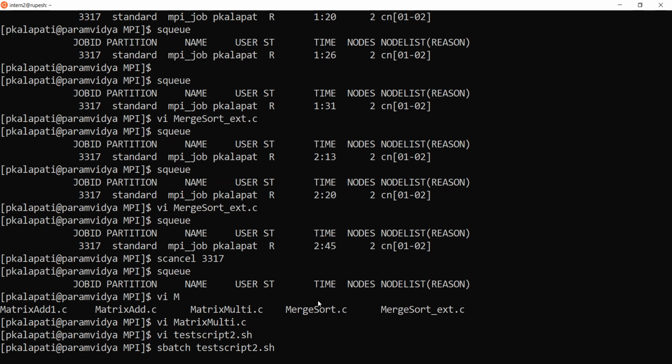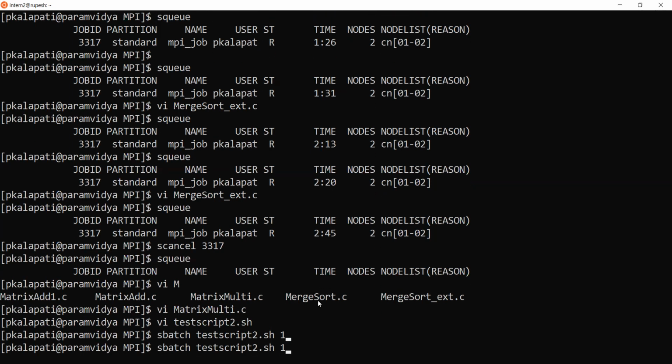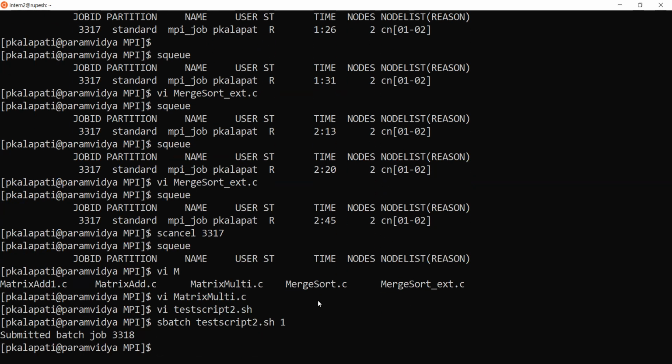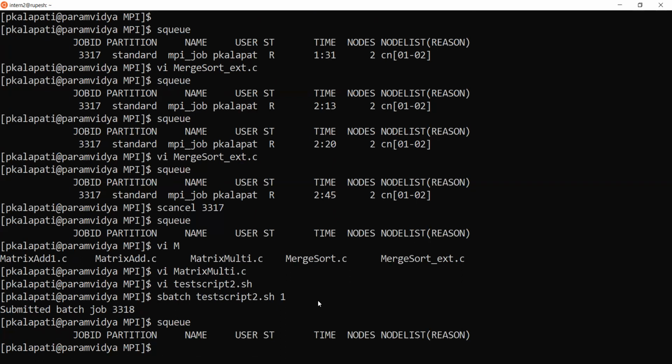If you multiply these two matrices with the help of one thread, that means one process, how much time is it going to take? Much time. squeue. Okay, it is done.